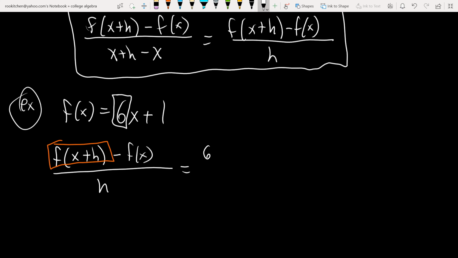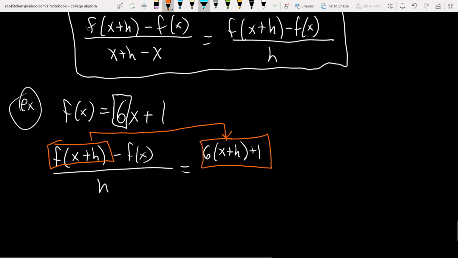Okay, so I'll have 6 times x plus h plus 1. Okay, so that formula there is this thing here, just with x plus h subbed into the formula. Okay, and then I go minus f of x. Okay, so f of x, all of f of x, not just part of it, minus parentheses 6x plus 1.